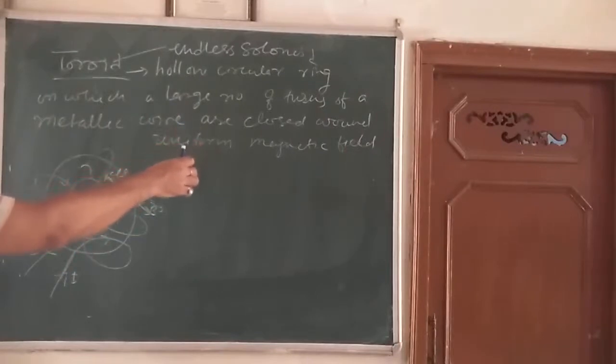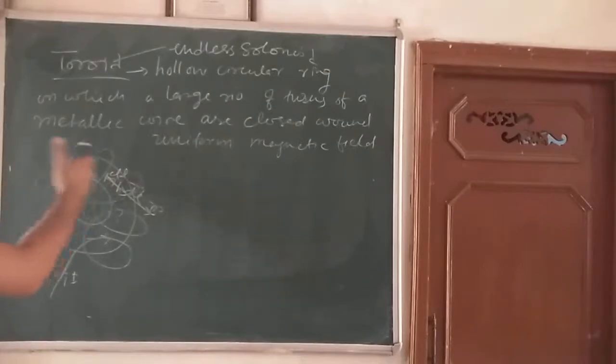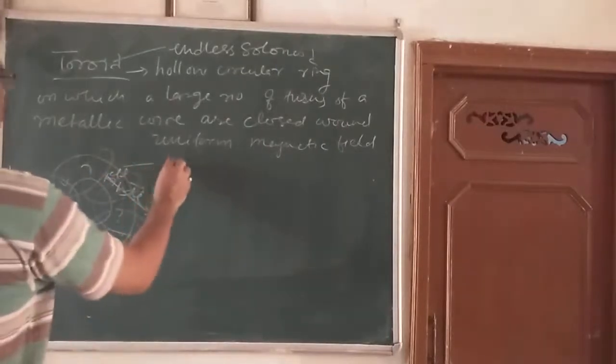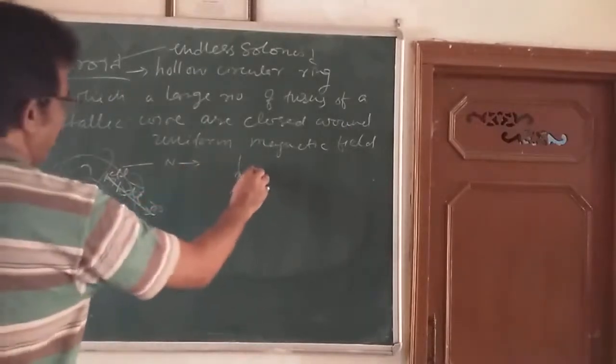The device consists of a conducting wire wrapped around a ring made of a non-conducting material, on which we have wound the wire. Let a toroid have N closely spaced turns of wire. The total number of turns here is say N. I have to calculate the magnetic field, so I have to evaluate B dot dl.